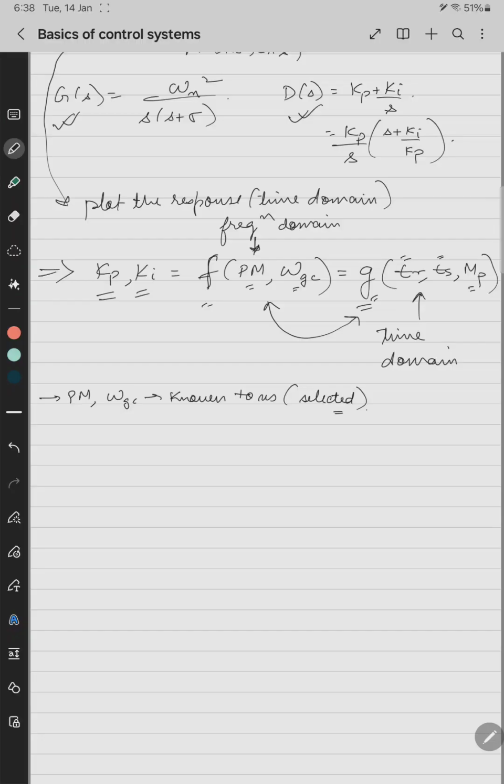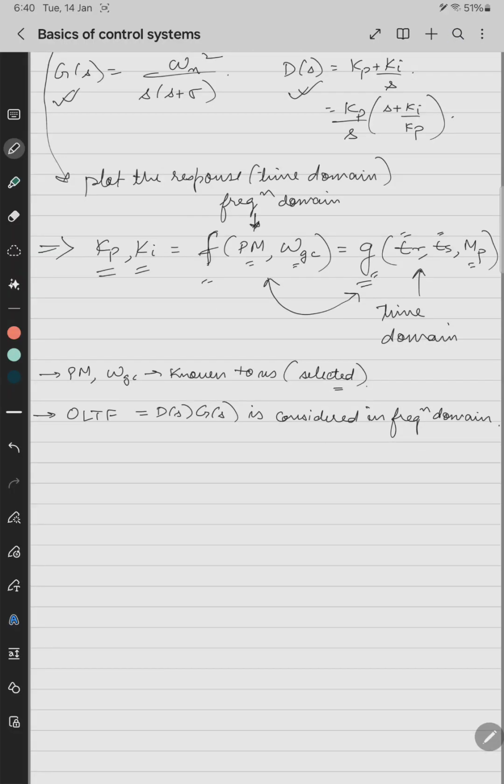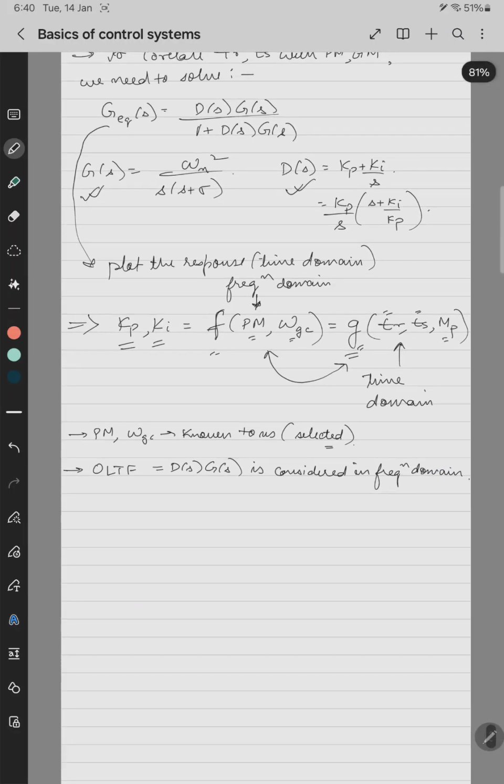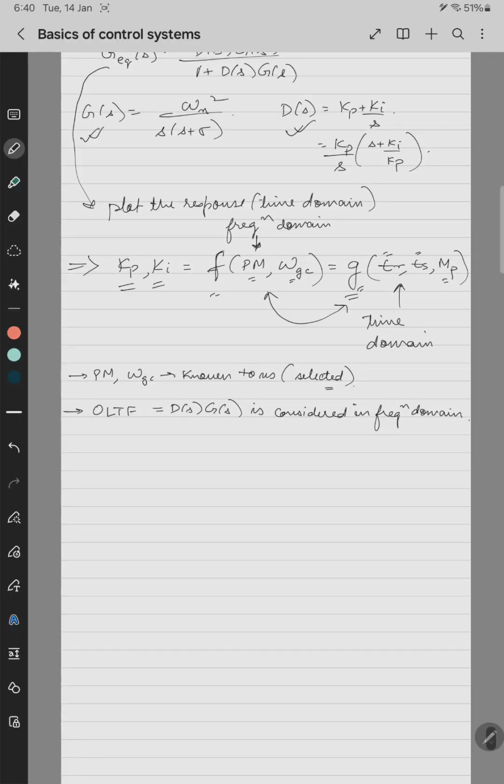And for the frequency domain, we consider the OLTF, that is, D of S into G of S. So for controller design, we take the open loop transfer function, because whatever gain margin and phase margin, or whatever gain or phase needs to be added for the closed loop response to be stable, has to be added by the controller.